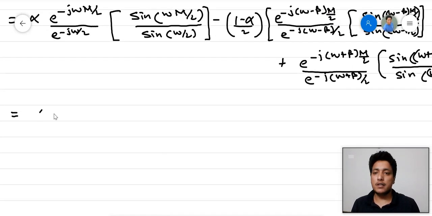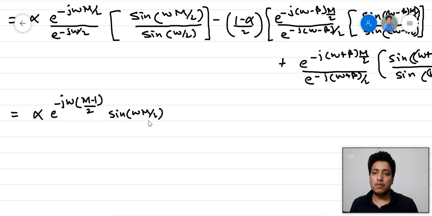We can write it like this: alpha exponential minus j omega (m minus 1) by 2, and then it is sine omega m by 2 over sine omega by 2.